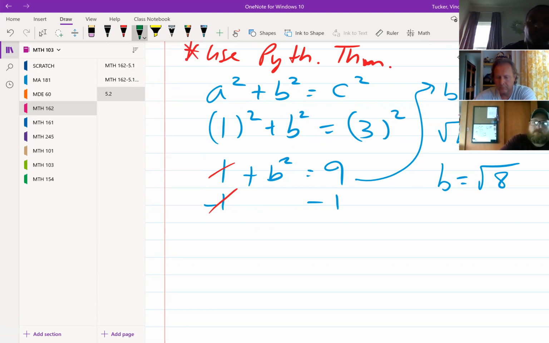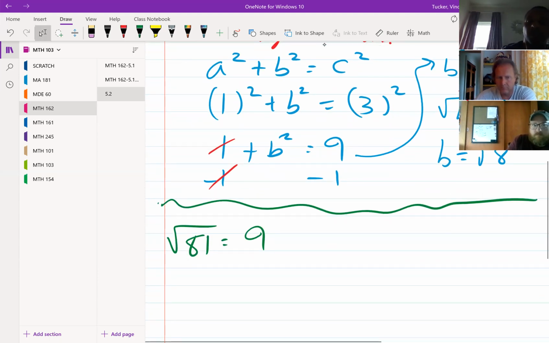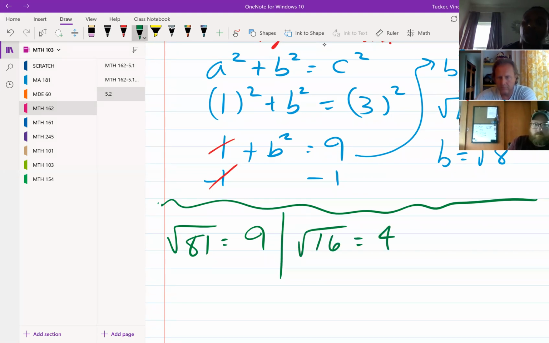If I have square root of 81, we know that's 9. If I have the square root of 16, that's 4. But if I have the square root of 32, I can't take the square root of that evenly.